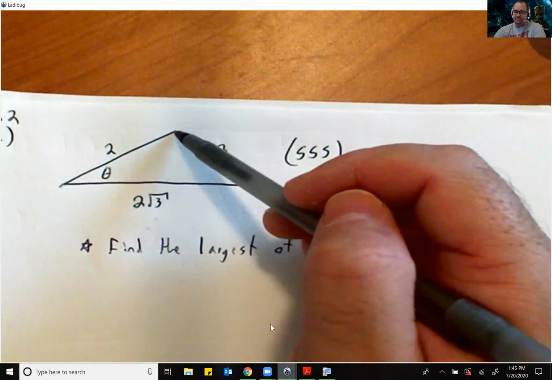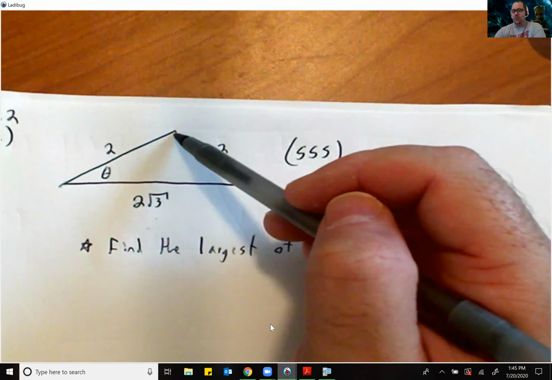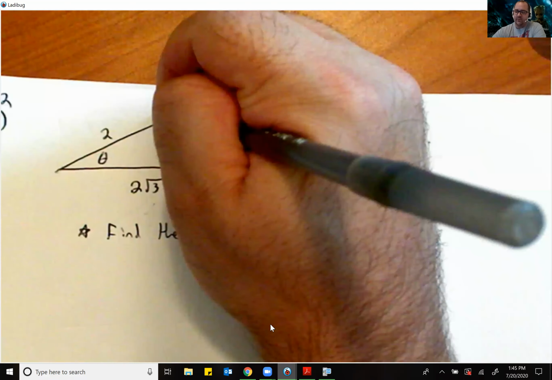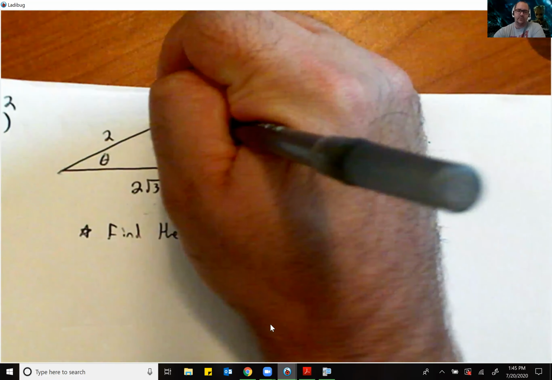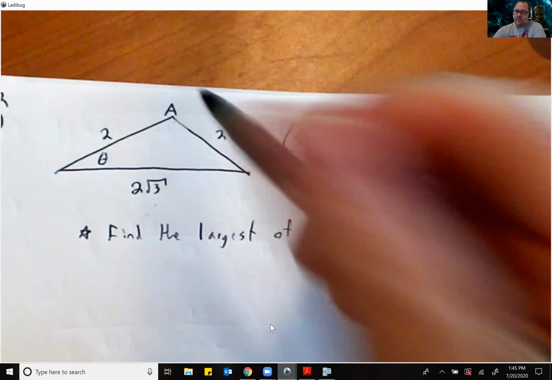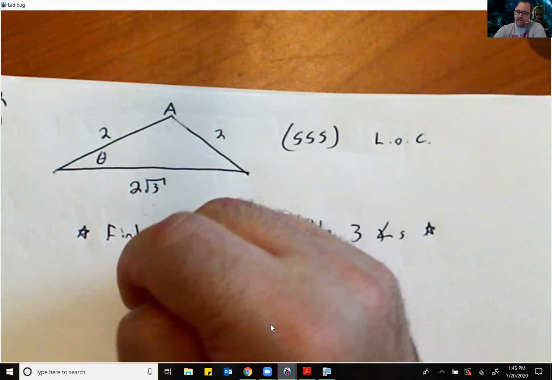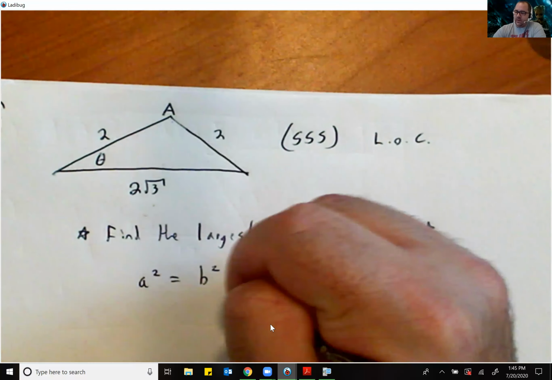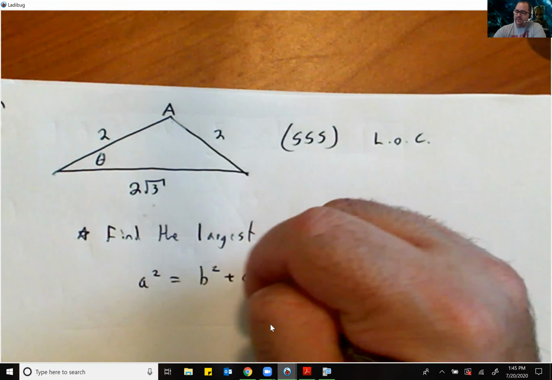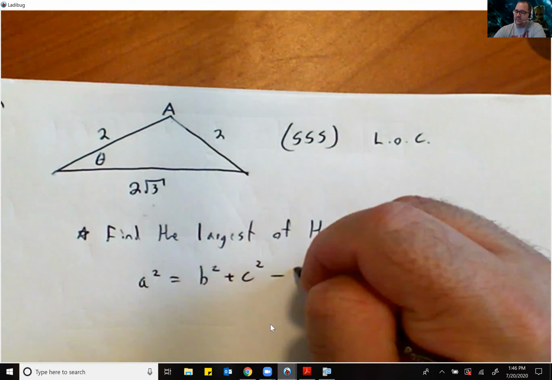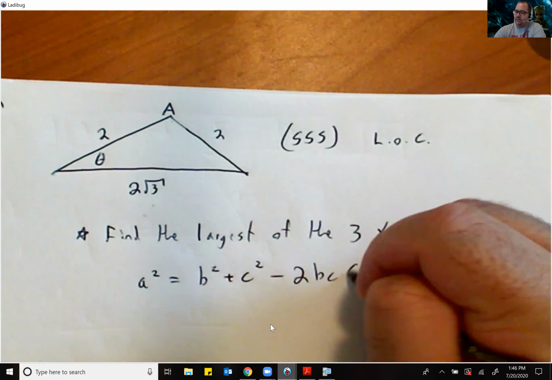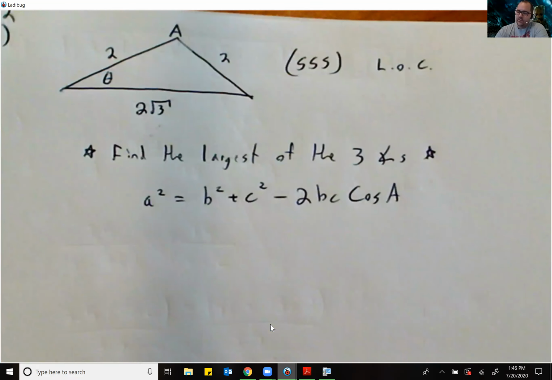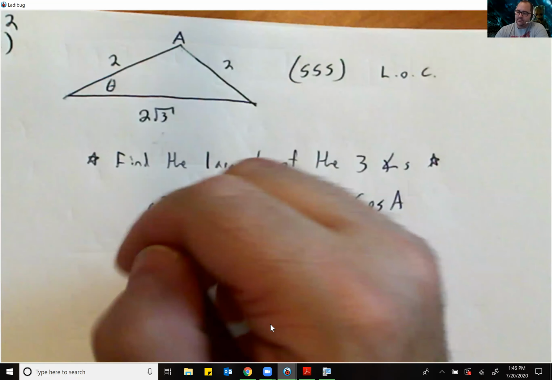In order to do that, let's just call this angle A. So we're going to find angle A. That means we're going to use a squared equal to b squared plus c squared minus 2bc cosine A. Our little a is 2 square root of 3.